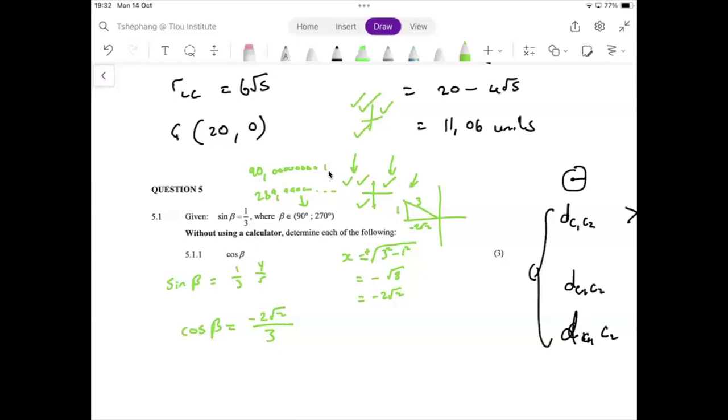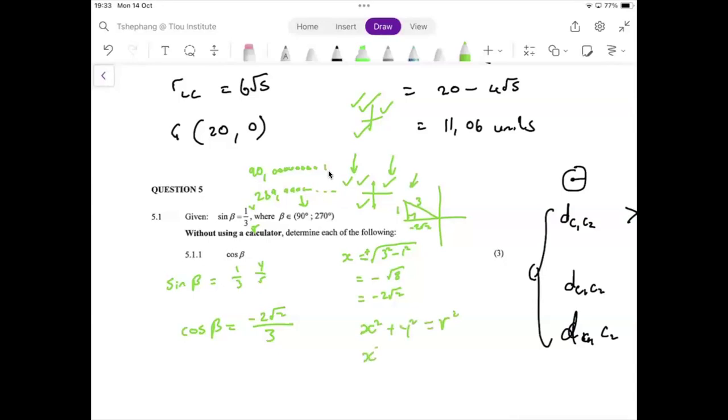Now we know that sine is y over r. So we just drew our triangle, we plugged in the y value, which is 1, and r, which is 3. Now, what do we do from there? We use Pythag because we know that x squared plus y squared is equal to r squared. What do we have? We have y and we have r.